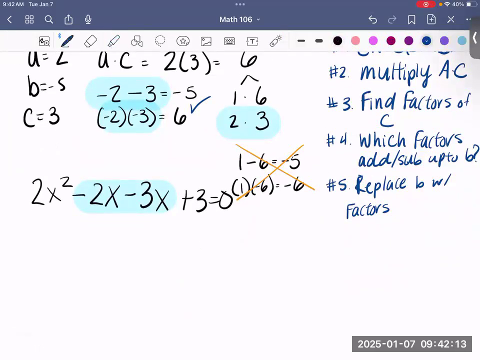So now all you have to do is factor by grouping. Pause video, see what you can come up with.